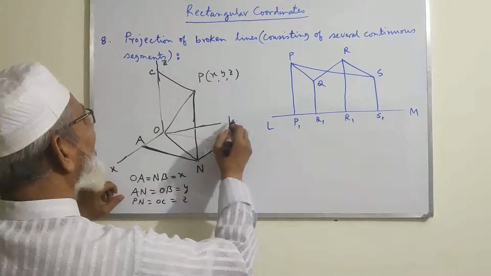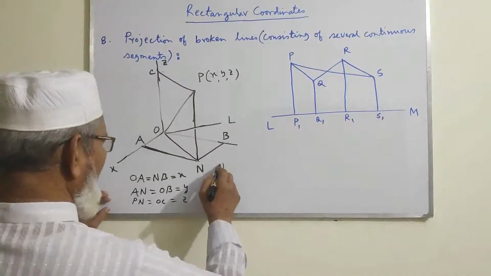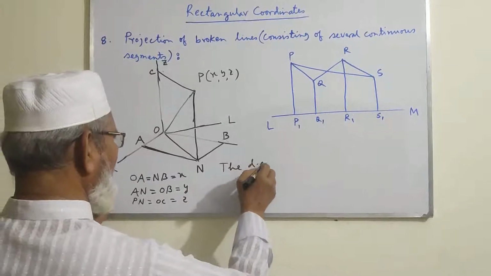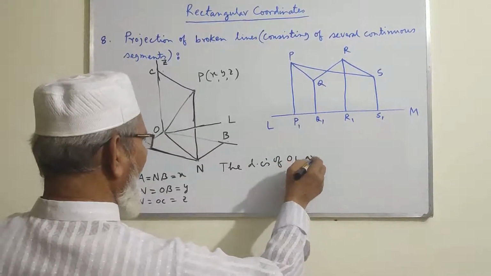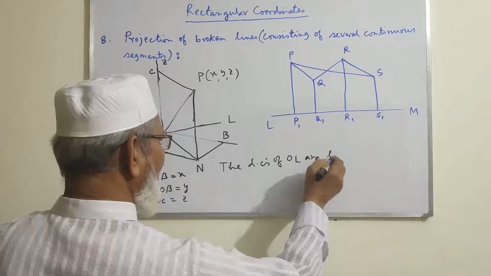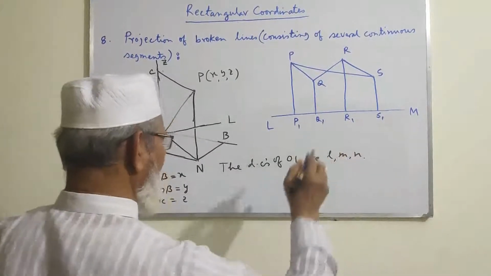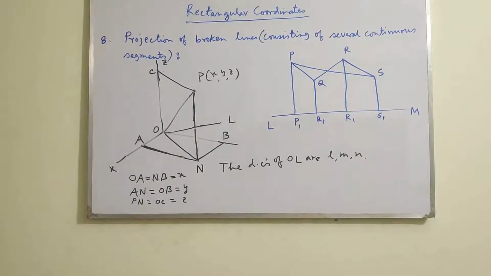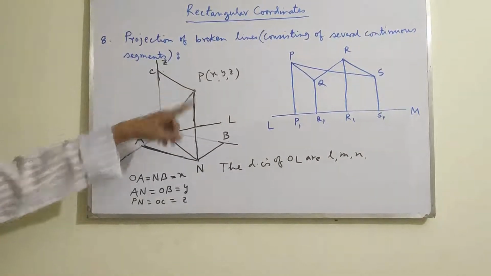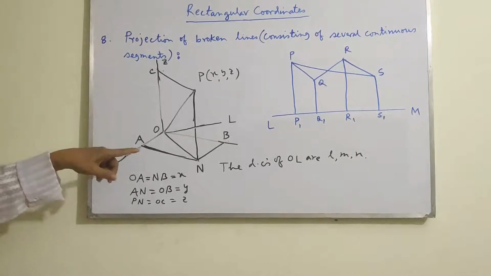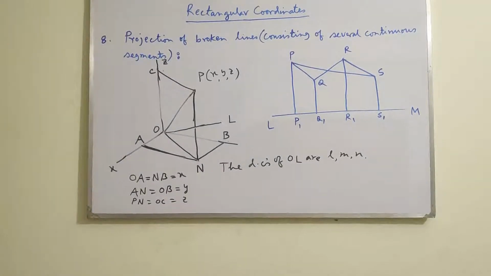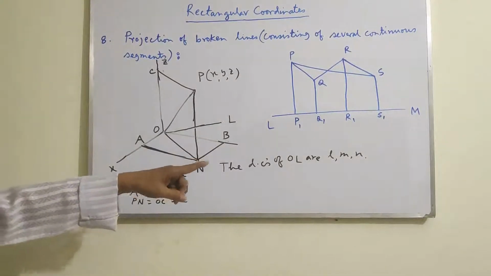Say OL is a line, the direction cosines of OL are L, M, N. Here we take the projection of OP whose both endpoints O and P are known. P is x, y, z, O is 0, 0, 0. OL is another line on which the projection of OP may be taken. The direction cosines of OL are L, M, N.